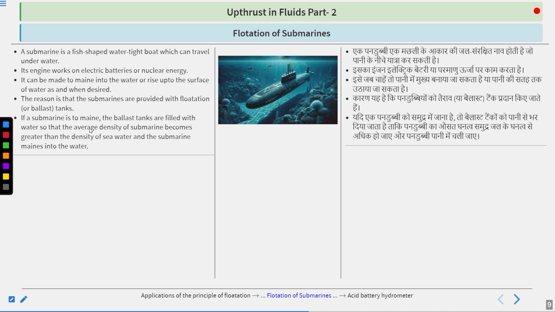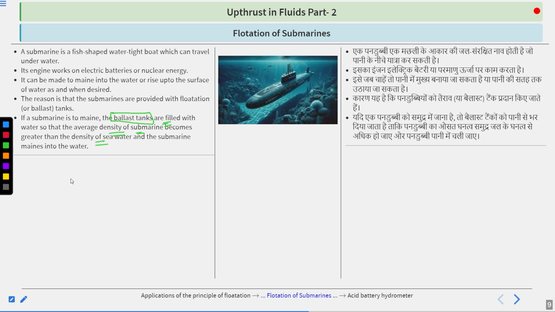And when the submarine is to come to the surface of the water, the water that is filled inside the ballast tanks will be released so that the density of the submarine becomes lower than the density of seawater, and the submarine will come to the surface.